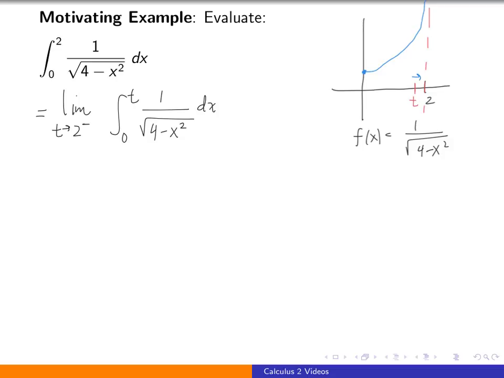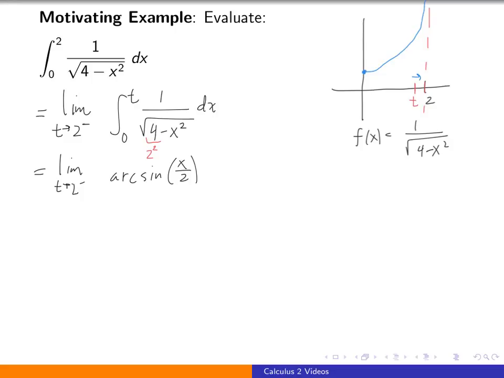If we go ahead and evaluate the integral, this is a convenient integral for us to evaluate. We'll have the limit as t approaches 2 from the left, and the value of this antiderivative, because it's of the form 1 over the square root of a squared minus x squared, where this 4 is 2 squared, is going to be the arcsine of x over 2, another of our common anti-differentiation formulas.